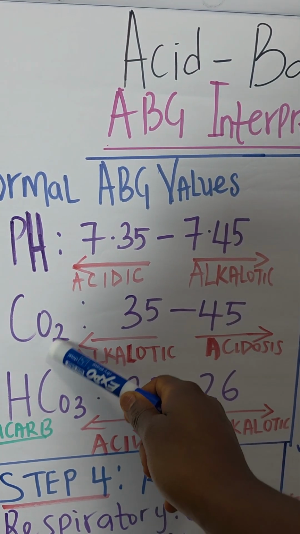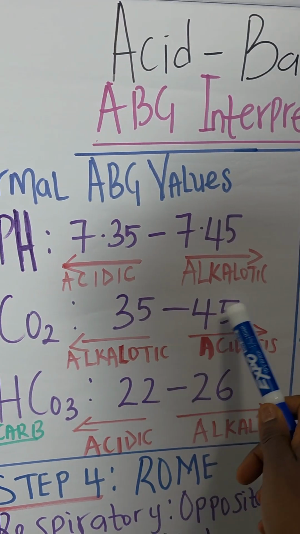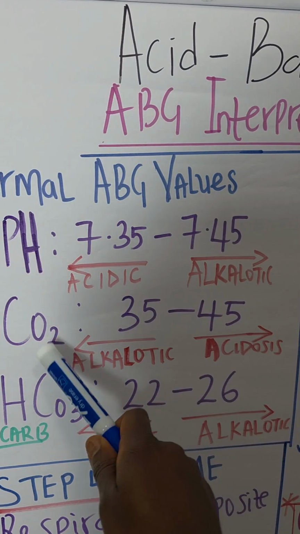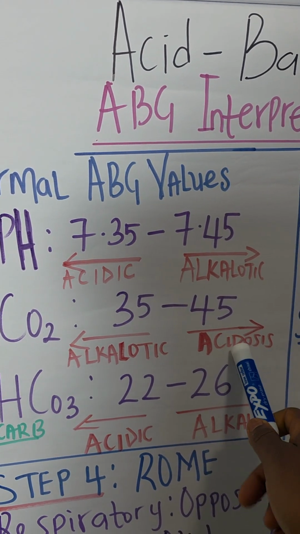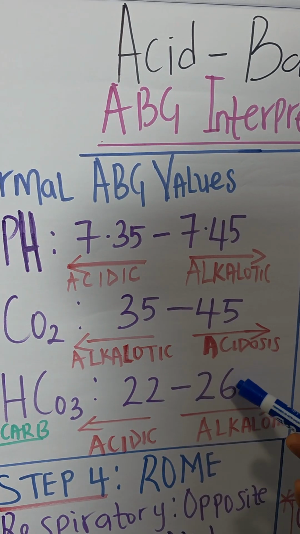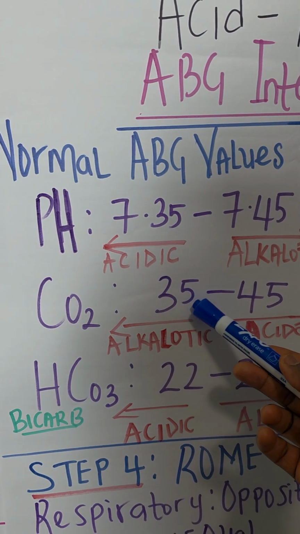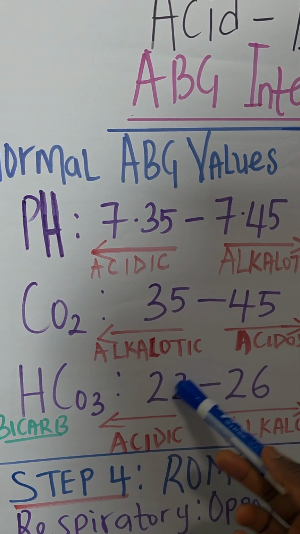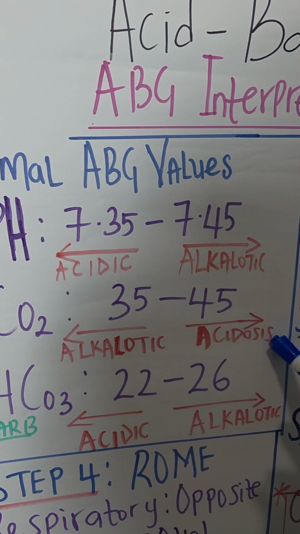Next is the CO2. The normal range is 35 to 45 millimeters of mercury. The CO2, which is the carbon dioxide, tells us about ventilation, or how effectively the lungs are removing carbon dioxide. Any range less than 35 is considered alkalotic, and any range greater than 45 is considered acidotic.